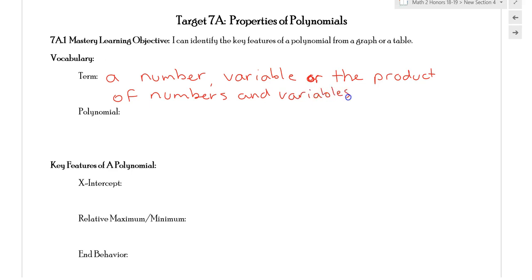And product is just multiplication. So, for example, it could just be a number, the number 3. Or a variable, it could be x squared, right? You could have exponents. Or what it means by the product of numbers and variables is like 4x squared. It's really 4 times x squared, and that 4x squared is a whole term as well.